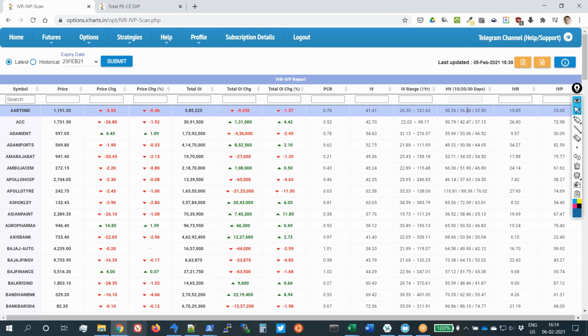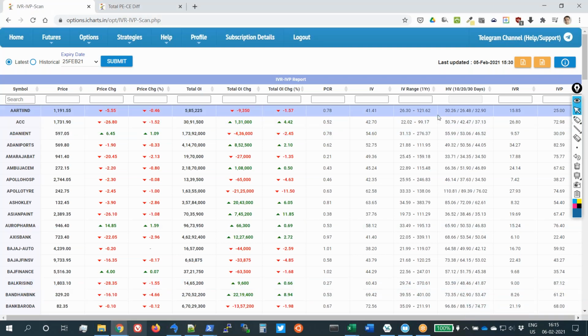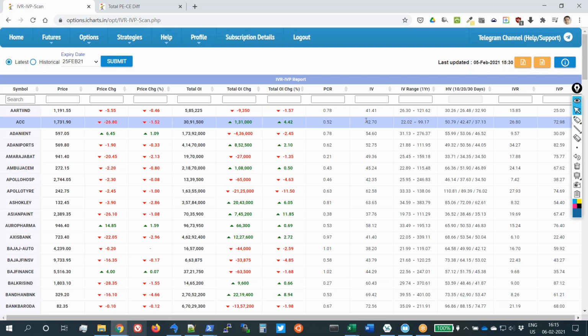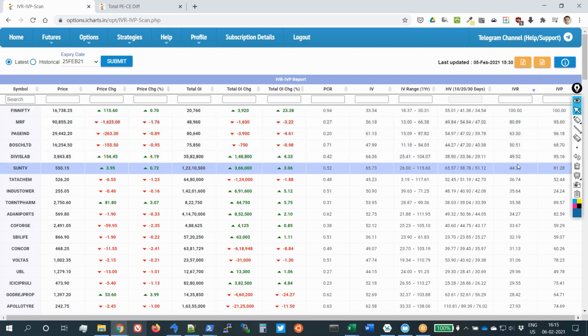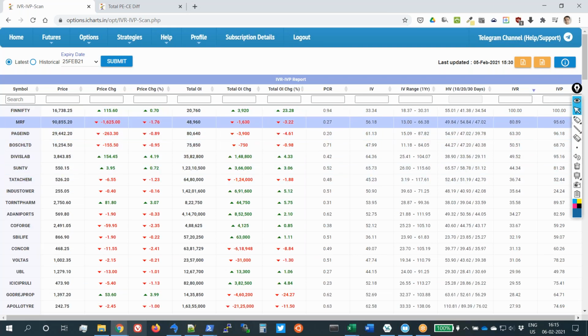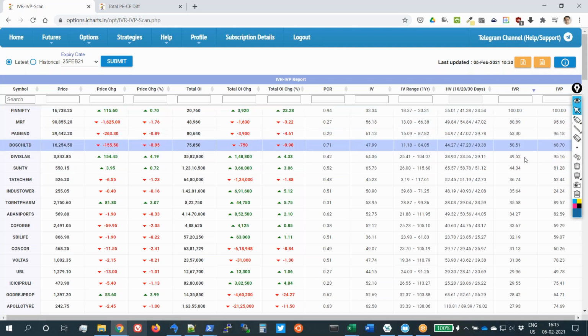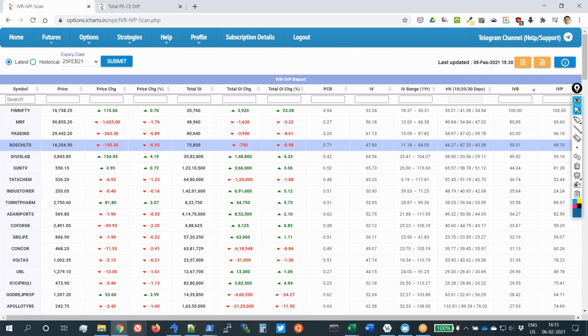So implied volatility, where it is with respect to historical volatility, is how option trades are positioned. You can do a quick scan over here, based on IVR and IVP also. You would probably sort it, and whichever is higher than say 50%, in those cases the IV is really high compared to HV. That is what I would determine.